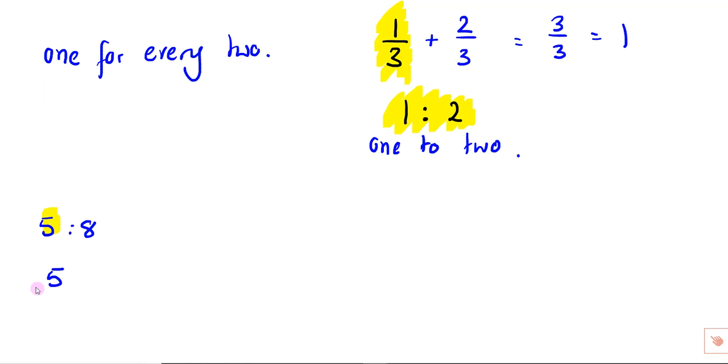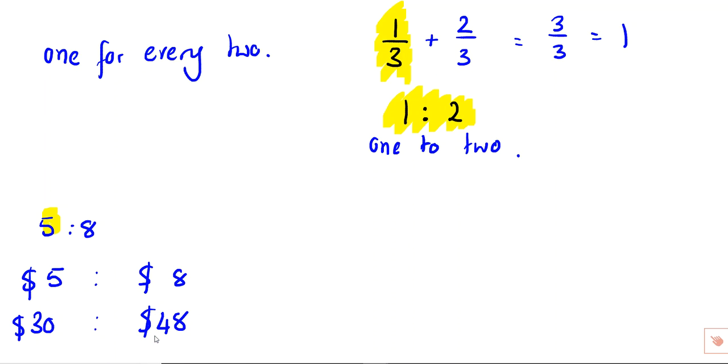If I give it a context that says, for every $5 I get, you have to have $8, then if I get $30, you have to have $48.